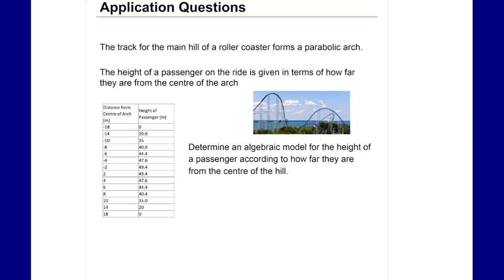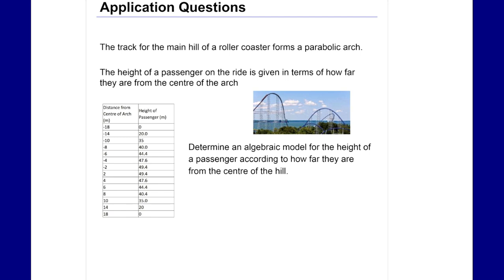In this case, we have to take a look at our points first. We don't know for sure, but if we take a look at our points, we should see we start negative 18 meters from the center, the height is 0, and then we get closer and closer to the arch, and then we move away, and then we're 18 meters from the center, and our height is 0.